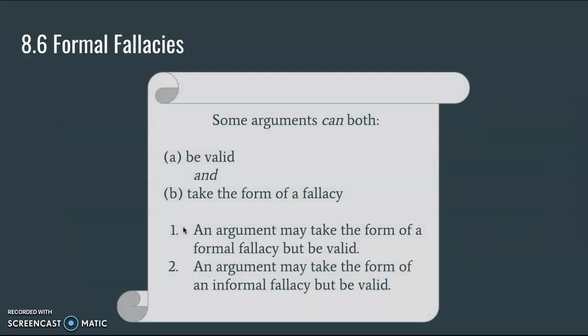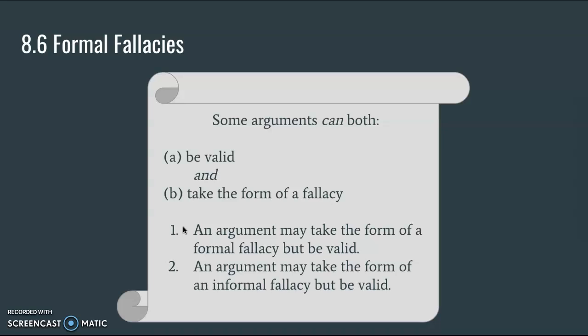All right. So the next idea, and this is partially from the book, is that some arguments can both be valid and take the form of a fallacy. So I want to separate these two concepts of validity and fallaciousness. I don't know what you would call it.